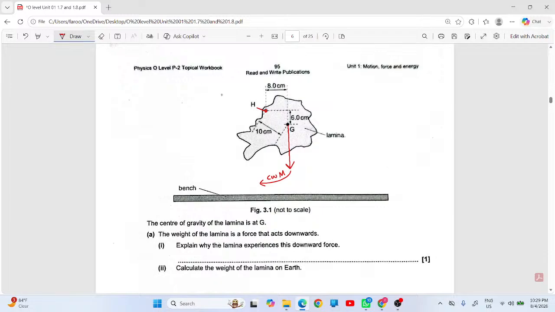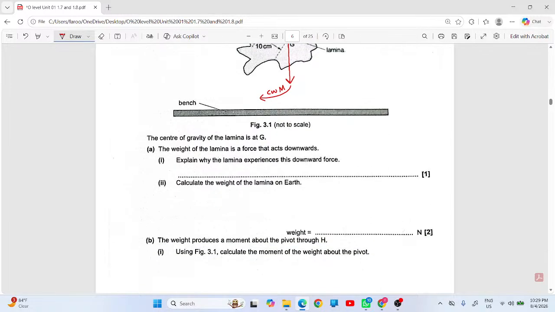The center of gravity of the lamina is at G. The weight of the lamina is a force that acts downward. Explain why the lamina experiences this downward force. G. Why the lamina experiences the downward force?